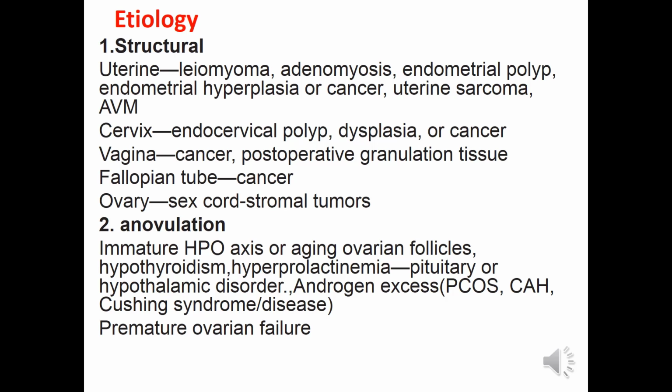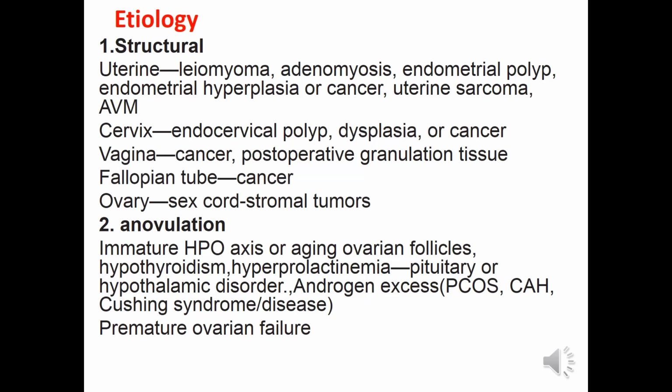Vagina: cancer, post-operative granulation tissue. Fallopian tube cancer. Ovary: sex cord stromal tumors. This is structural abnormalities.